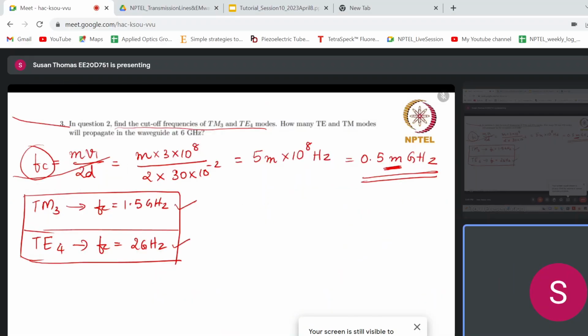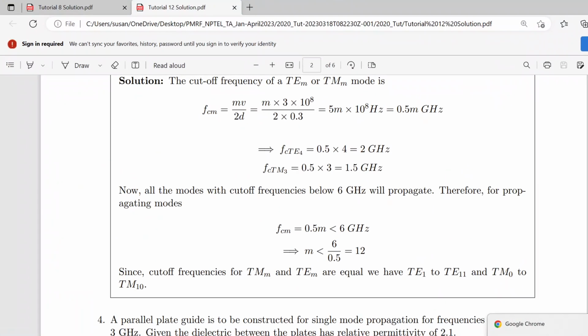Now the next question is, how many TE and TM modes will propagate in the waveguide at 6 gigahertz? The operating frequency is 6 gigahertz, and you need to find how many TE and TM modes will propagate in this waveguide.